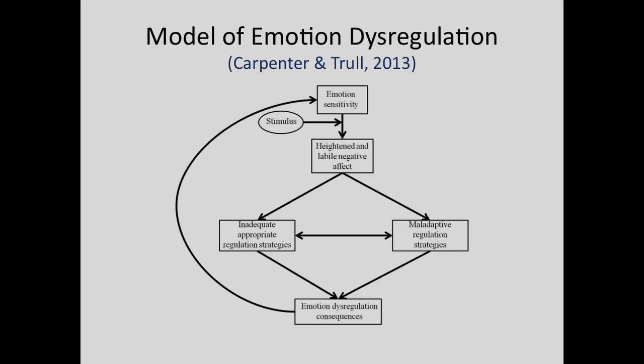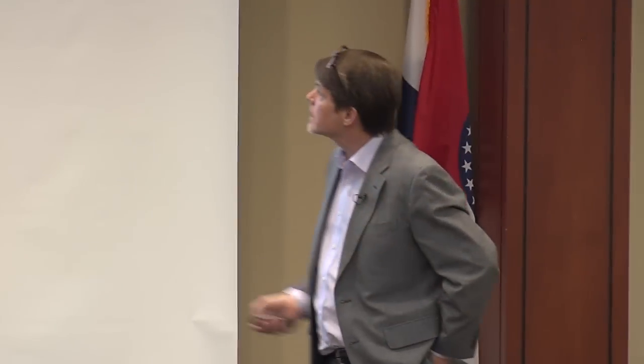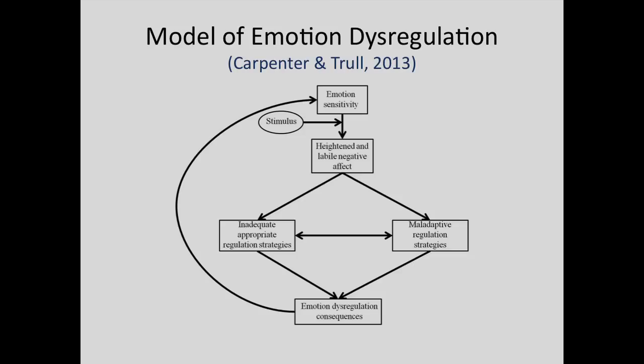The idea here is that people with this disorder really are born with a high degree of emotion sensitivity. And when I say born, I mean there's a genetic predisposition or some biological predisposition for that. So they're predisposed to react strongly with their emotions, usually negative emotions, to the world out there.